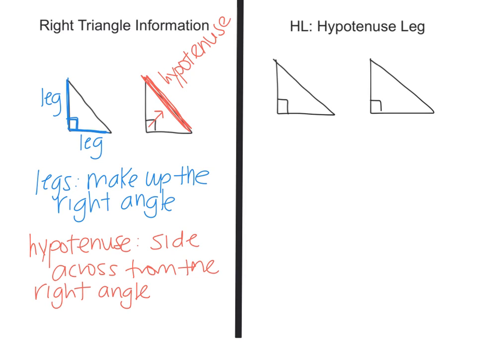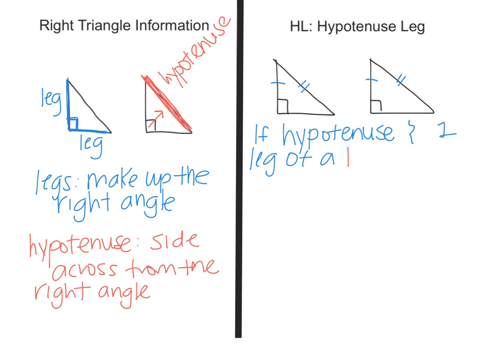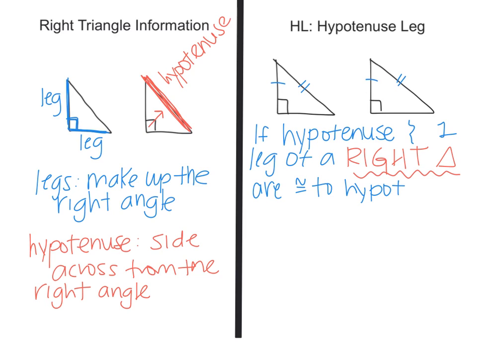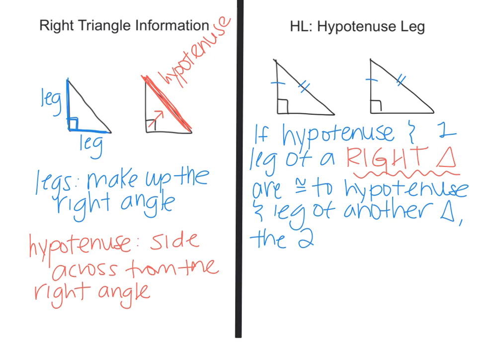If the hypotenuse and one leg, say this leg here and this leg here, and the hypotenuse and the hypotenuse, remember the hypotenuse is across from the right angle, and one leg of a right triangle, that's a really important piece, are congruent to the hypotenuse and leg of another triangle, which has to be a right triangle, then the two triangles are congruent.